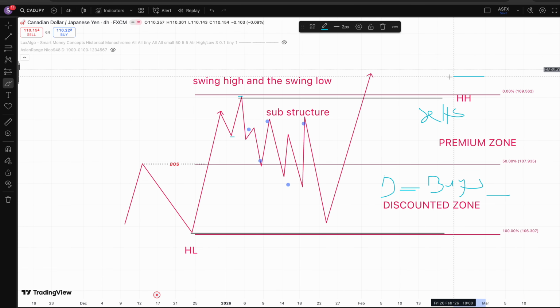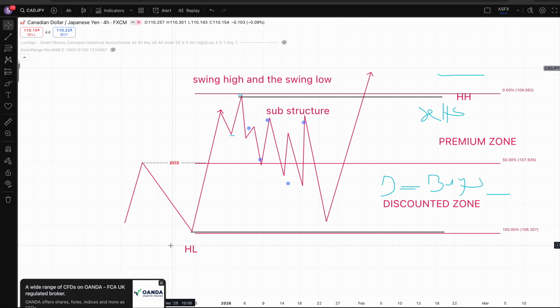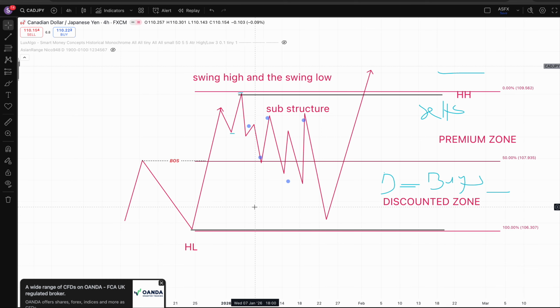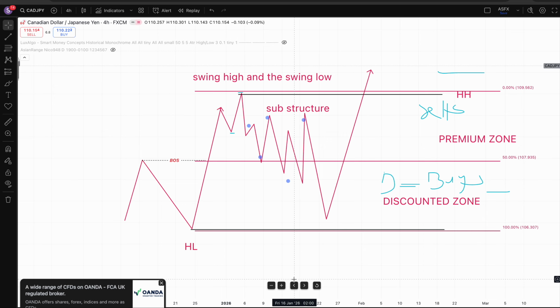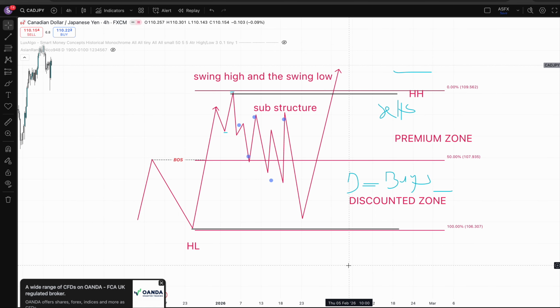Let me illustrate a perfect example. If you go to the market, are you going to buy stuff when it's very expensive, or when the price is very cheap, when it's discounted? Obviously you want to get the best price. The same thing with trading.